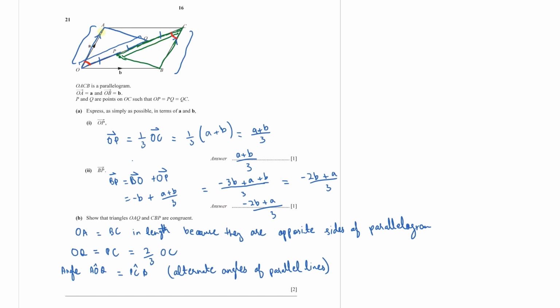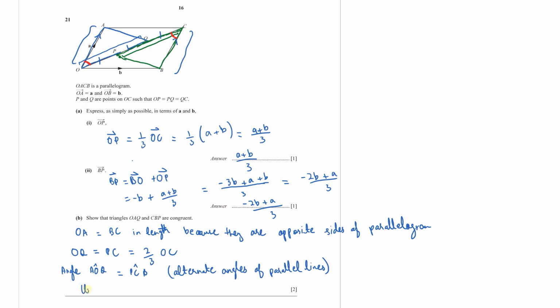So now we can use the SAS property where angle and the two corresponding sides that make up this angle of two triangles are equal. So we know that this side and this side are equal, this side and this side are equal, and the angle in between is also equal.